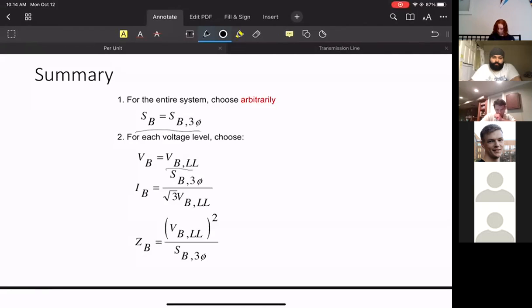Basically, we build in where the root 3 should go, and how all the base units should work out. If you follow this convention, things will work out.